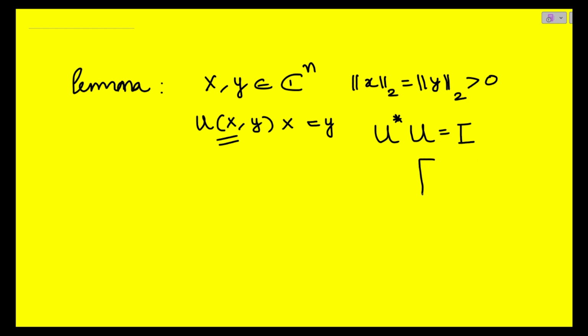So if you have a matrix with entries A, B, C, D, all complex numbers, then the star operation means you take the conjugate, A bar, B bar, C bar, D bar, and then you transpose it. So this comes down and this goes up. This is what I mean by taking the star operation on a matrix.